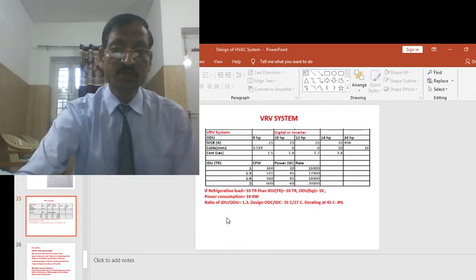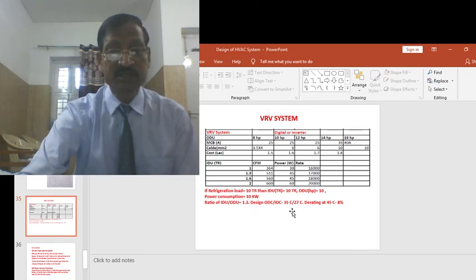The ratio of indoor unit to outdoor unit should not be more than 1.3. Design outdoor and indoor conditions are 35 degrees centigrade and 27 degrees centigrade. This is the derating. If the outdoor temperature is 48 degrees centigrade, then the derating will be around 8%.